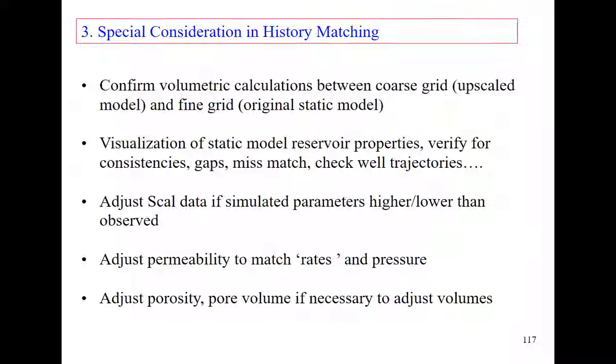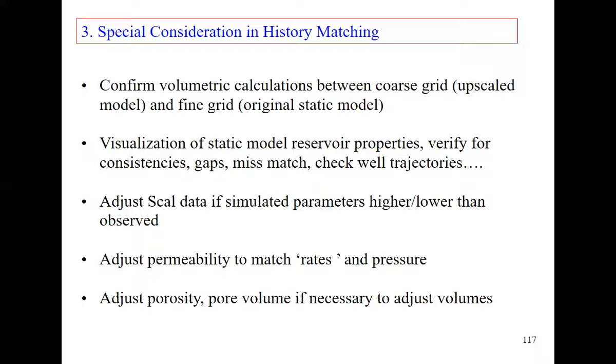So volumetric calculation between the coarse grid or upscaled model and the fine grid original. It depends which model we are using in our simulation. But mainly the upscaled and the original fine grid should be very close. Let's say we are accepting 5% error when we calculate from the volumetrics method.